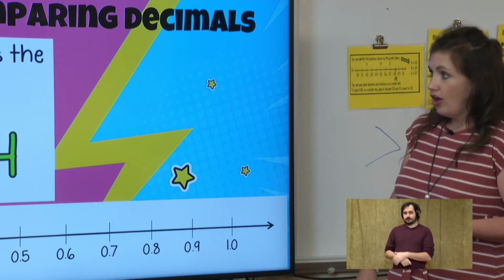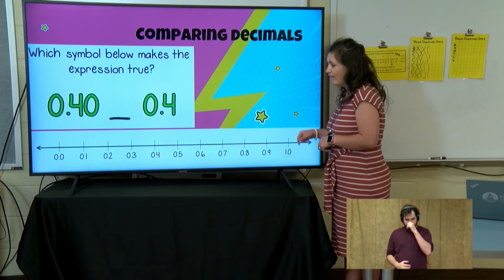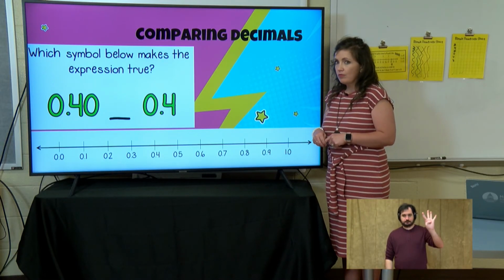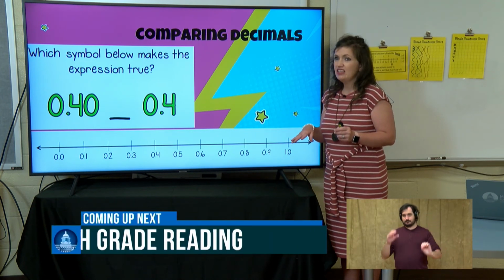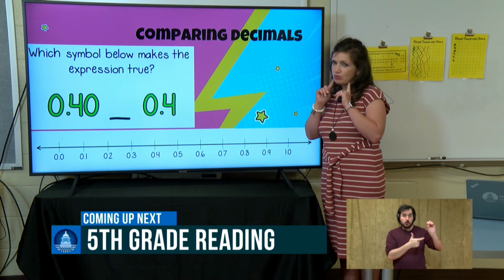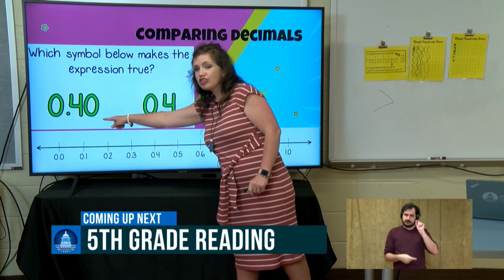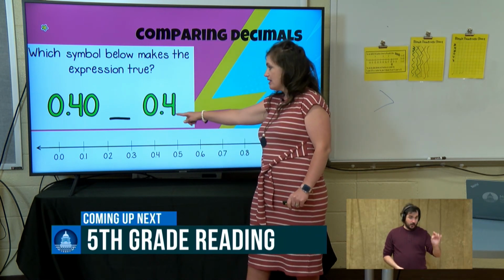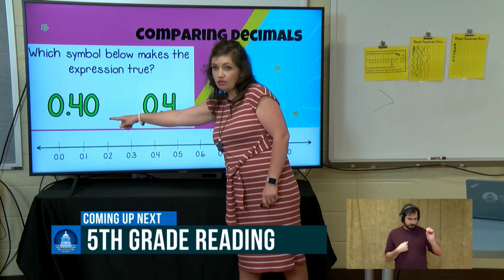All right, let's do this one. We have 40 hundredths and we have 4/10. What I don't want you to do is think, oh, 40 is greater than 4. We can't think like this because we're talking about decimals. All right, 40 hundredths and 4/10. If I have 40 hundredths, how many tenths do I have?